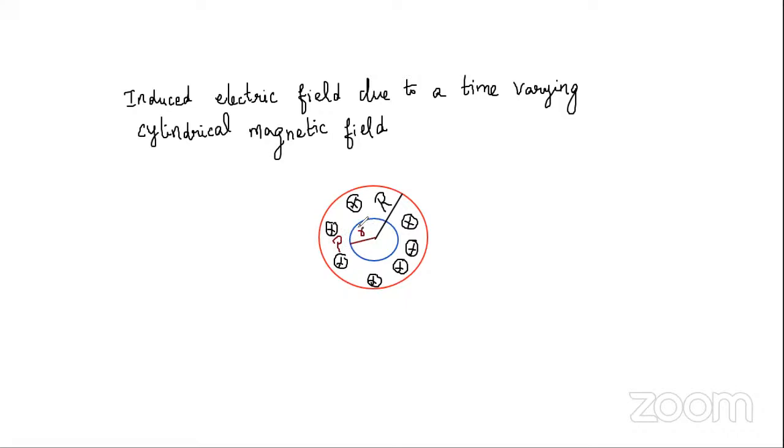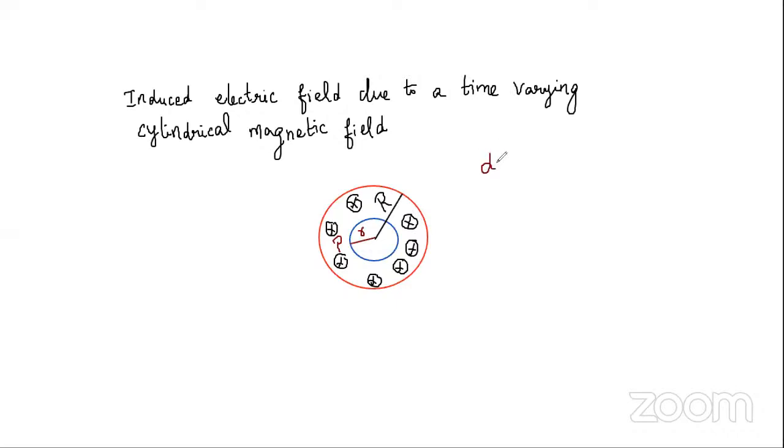The point P is lying somewhere here. This is the cross section of a cylindrical magnetic field. Here the magnetic field B, which I have shown by these black cross marks, is uniform, but it is a time varying magnetic field.